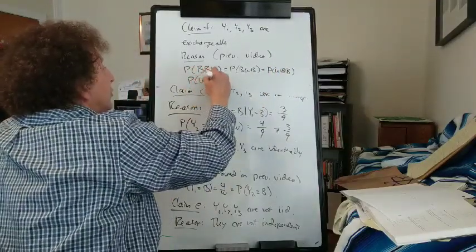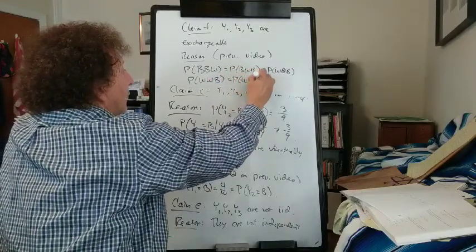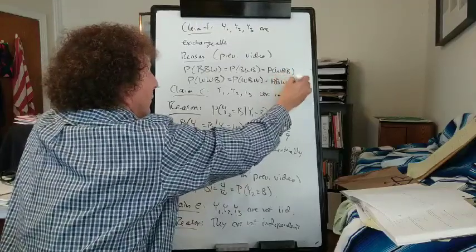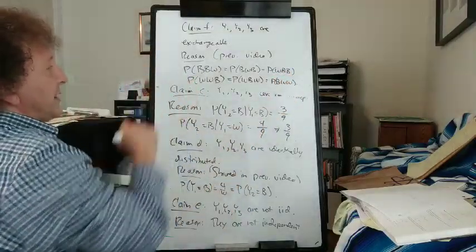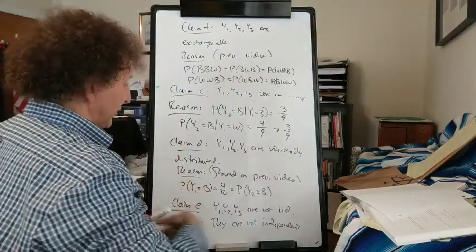And same thing for 2 whites and a blue. So the order of the outcomes doesn't matter. We get the same probabilities for all different orders.